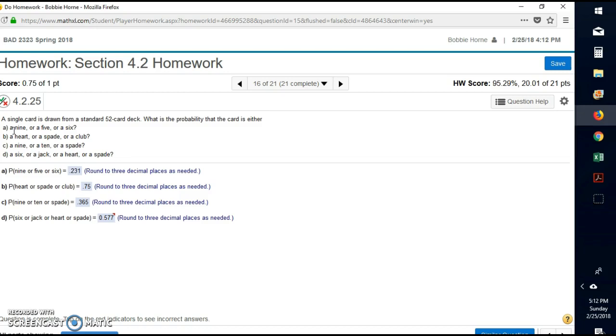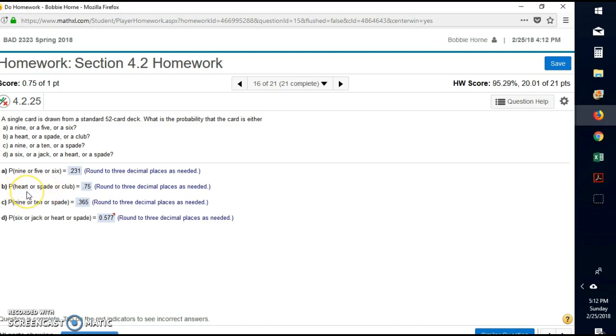Now, if you don't play cards, you can make yourself a cheat sheet to help you with your probabilities. Now, the probability of drawing a heart or a spade or a club is basically the same thing as this one, as far as you can't draw a heart and a spade at the same time.